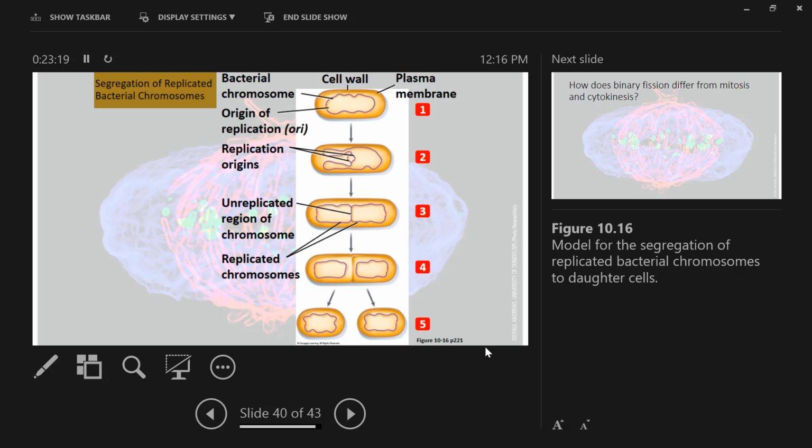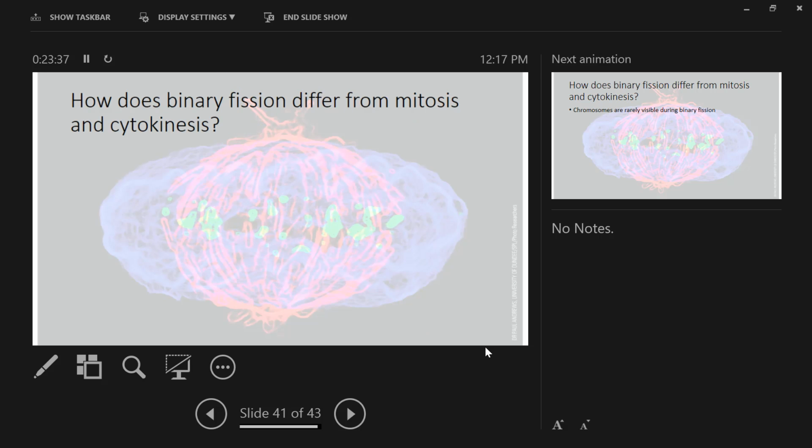One other big difference is that replication of the chromosome happens along with the separation of the chromosome. Both are happening simultaneously. So that's another big difference between binary fission and mitosis and cytokinesis. To sum up some of these differences, chromosomes are rarely visible during binary fission.